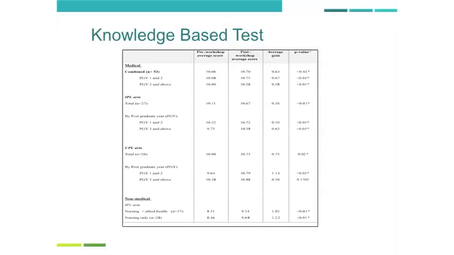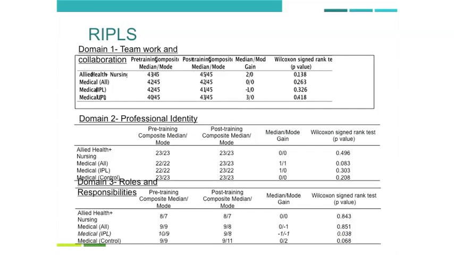And we also looked at whether the level of seniority of the medical staff actually affects them. We also managed to demonstrate gain across all the subgroups essentially. With regards to the RIPLS, unfortunately the results weren't what we expected.